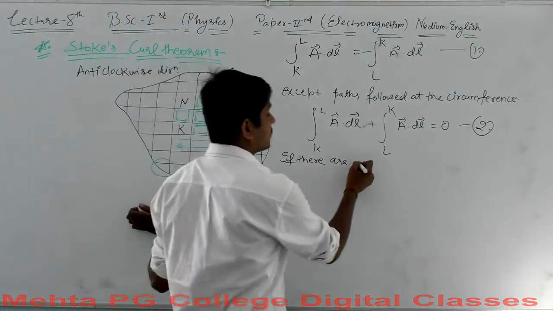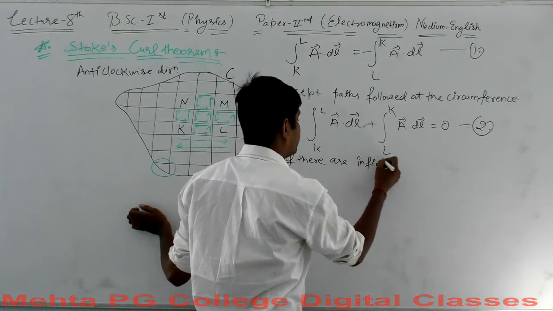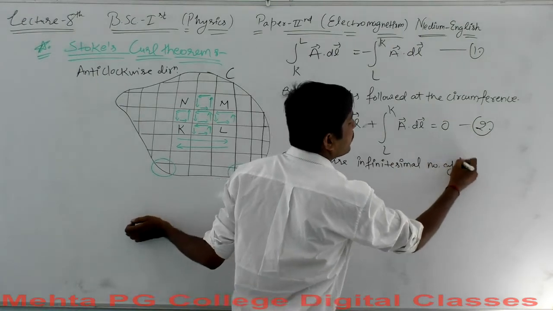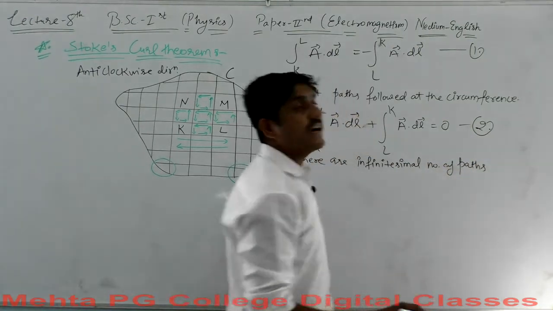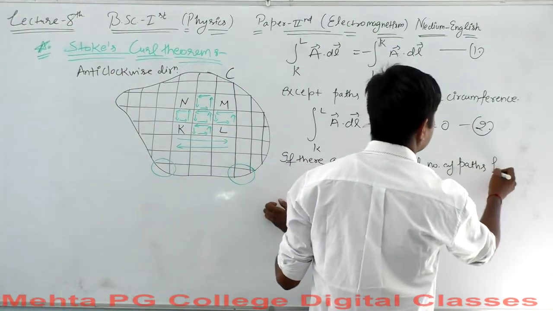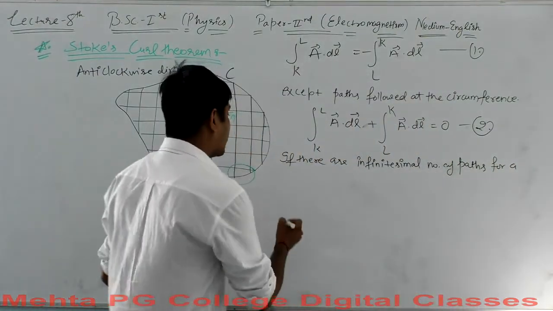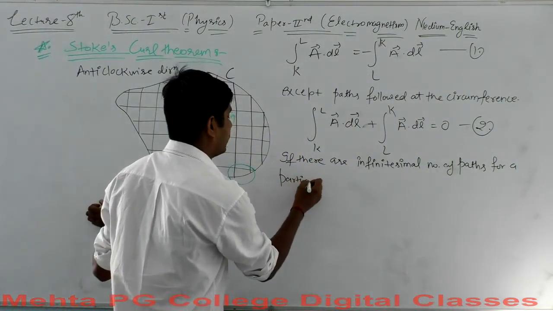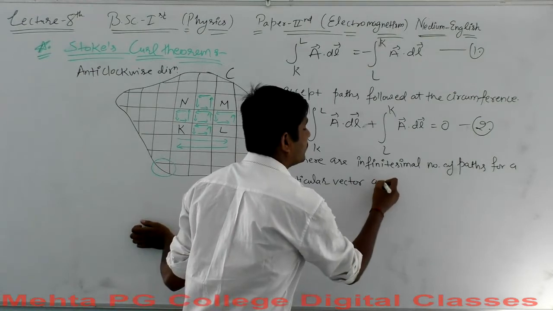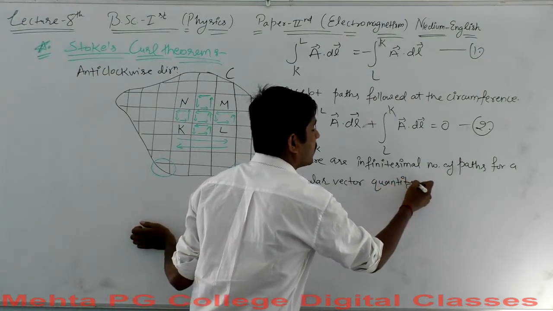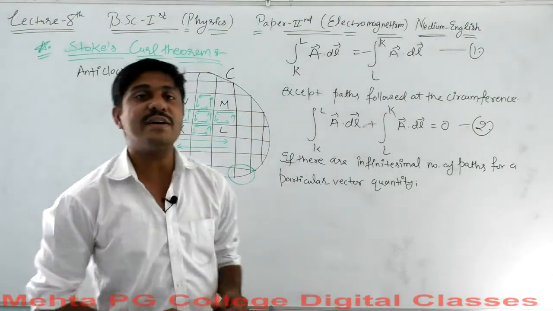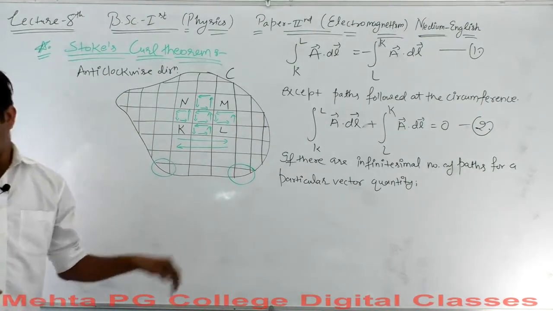If there are an infinitesimal number of paths for a particular vector quantity, by considering the word particular, we can more precisely explain our thoughts.